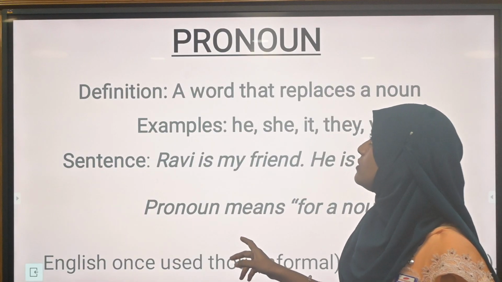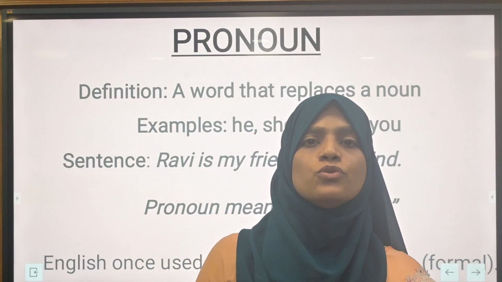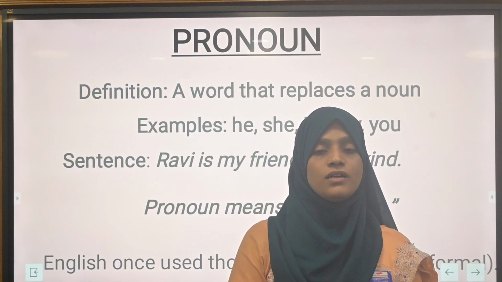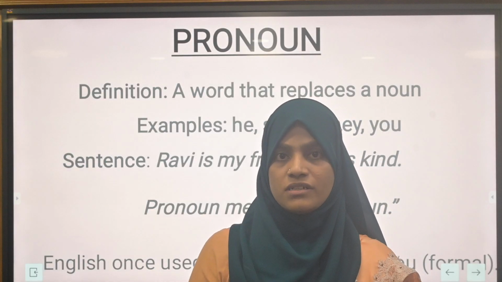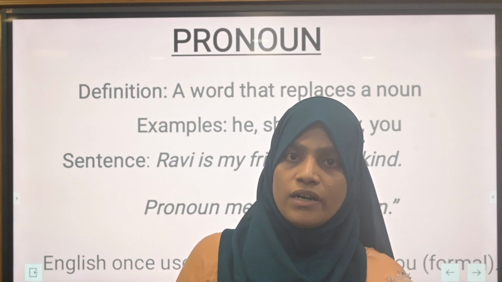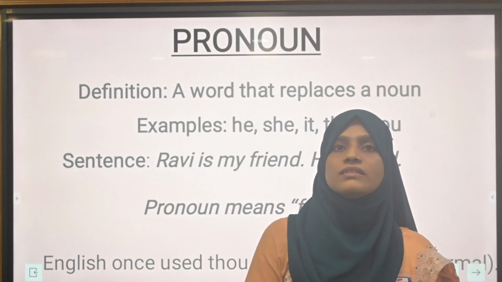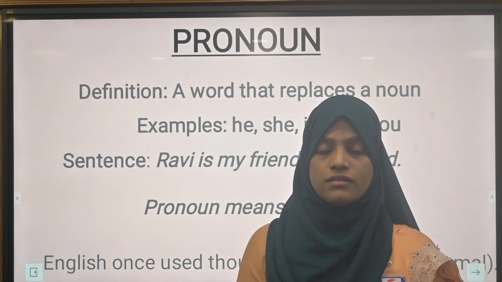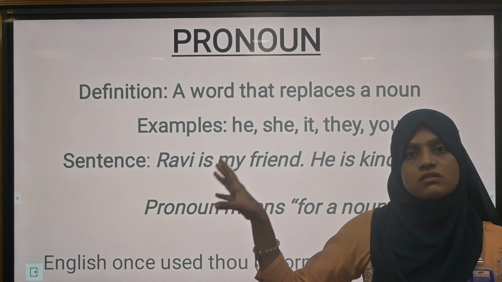So now we'll see the pronoun. The pronoun is used instead of a noun, so that we don't repeat the same word in the next sentence, to make the sentence shorter. A word which replaces the noun, that is a pronoun. Let's take a sentence: Ravi is my friend and he is kind. In this sentence, Ravi is the noun.